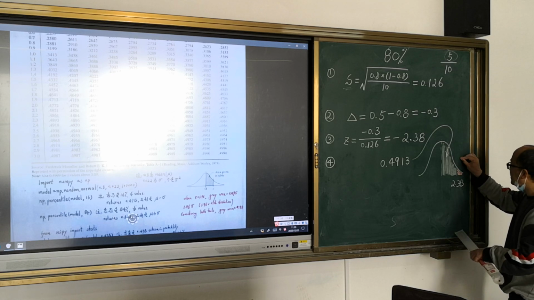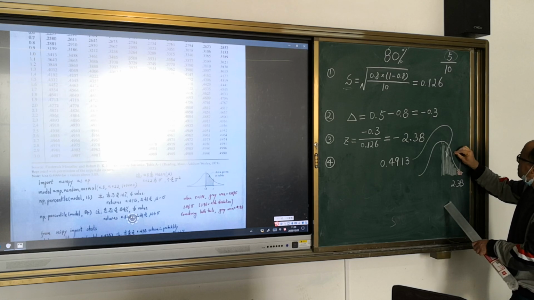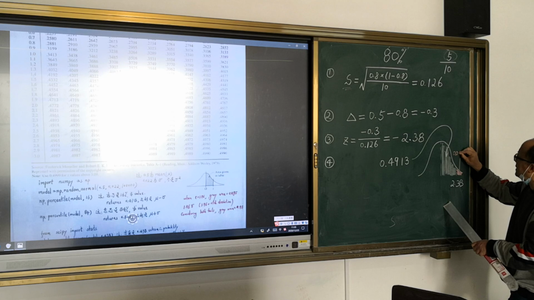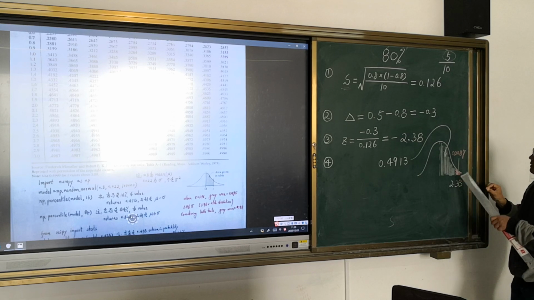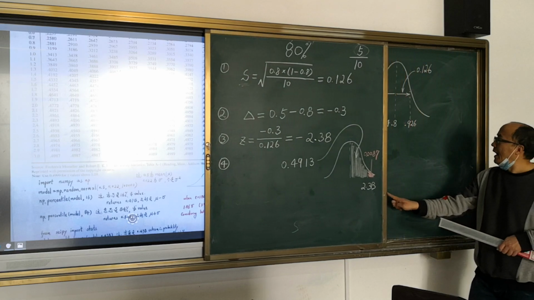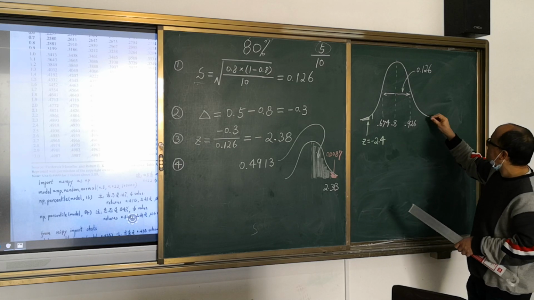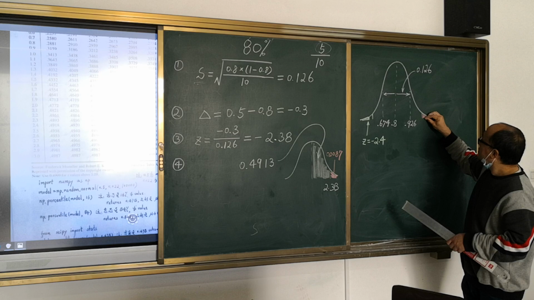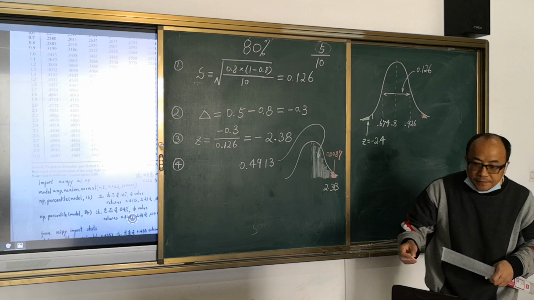So what's the red one? 0.0087. Okay. And this red one is equal to the green one.